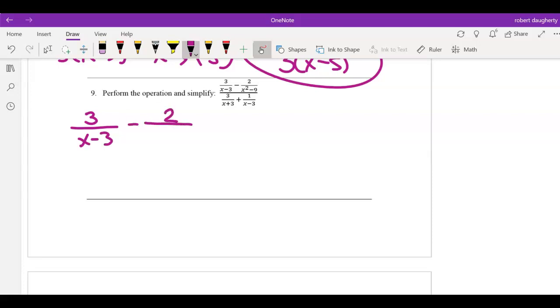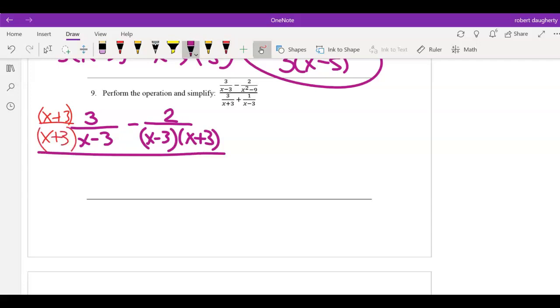Let's rewrite x squared minus 9 as x minus 3, x plus 3. Now to get a common denominator, it's going to be x minus 3, x plus 3. So this first fraction needs to be multiplied by x plus 3 over x plus 3. Okay, so that is the numerator.